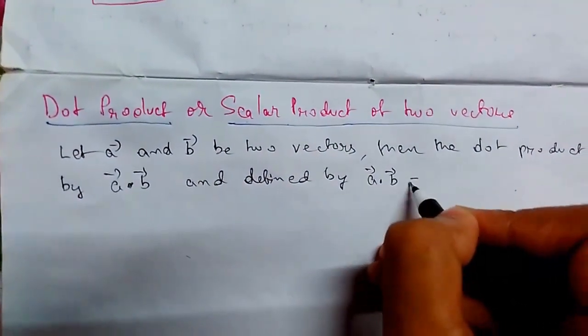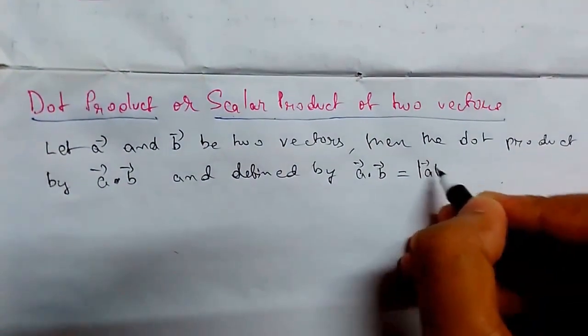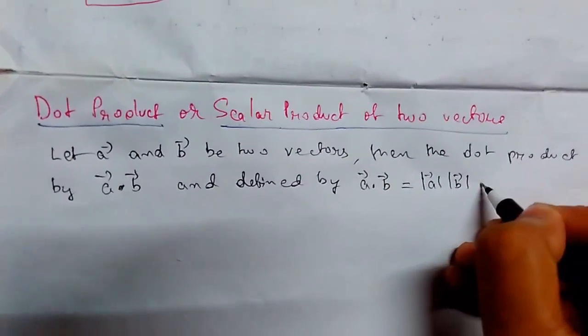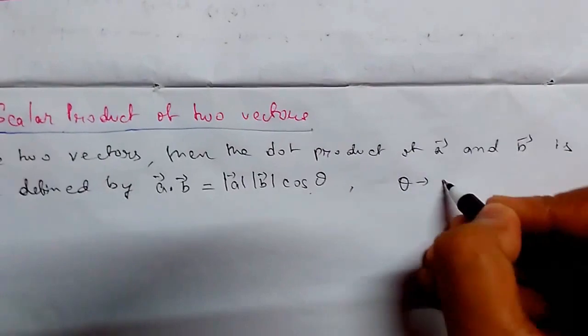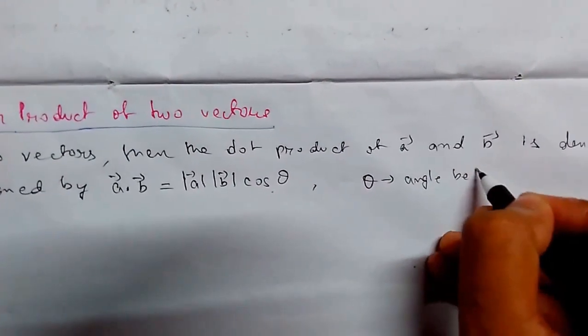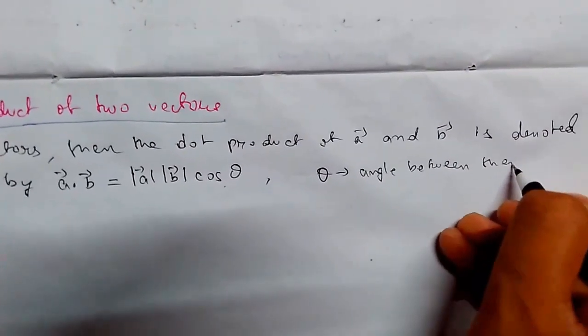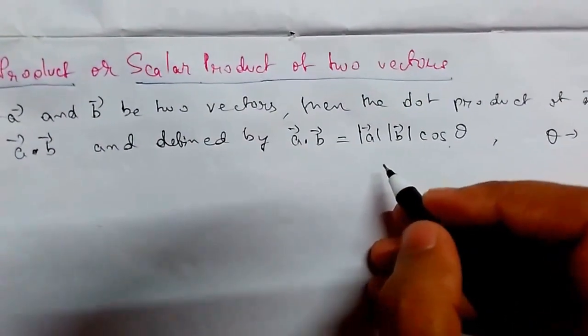This is a representation that would be mod of A vector times mod of B vector cos of theta, where theta is the angle between them. So this was our dot product.